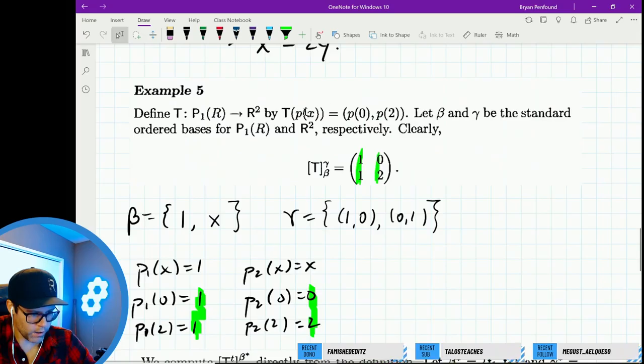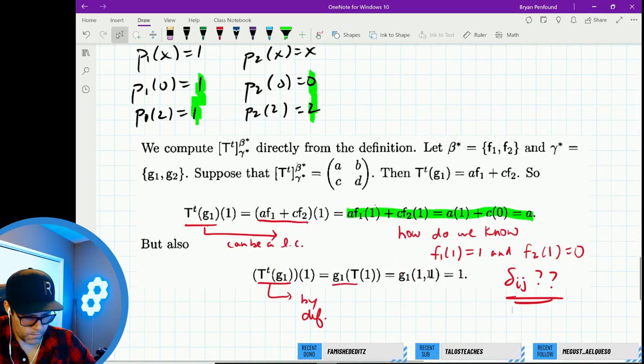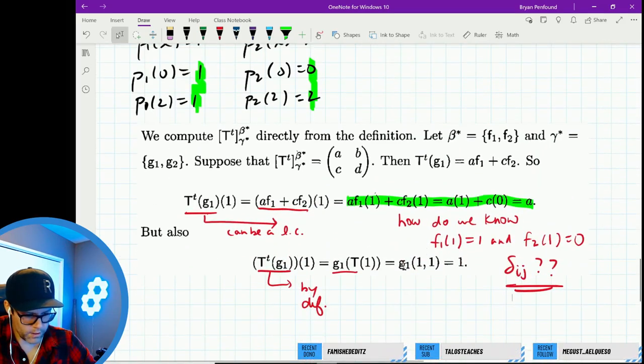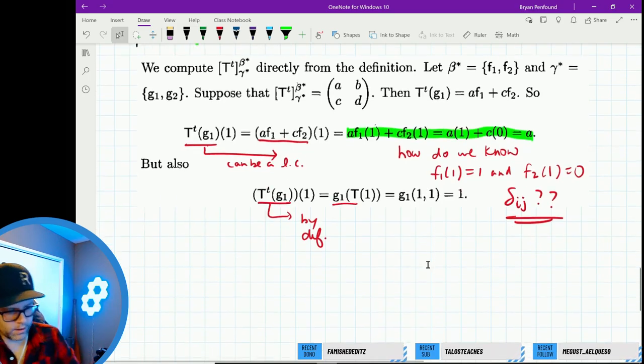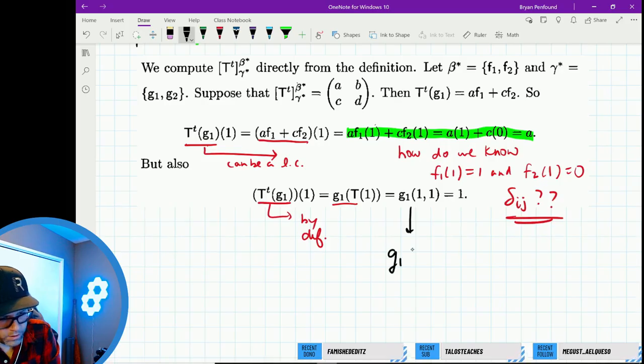T of 1, we know goes to 1, 1. And then they need to evaluate G1 of 1, 1. Which should be G1 of 1 plus... Wait.